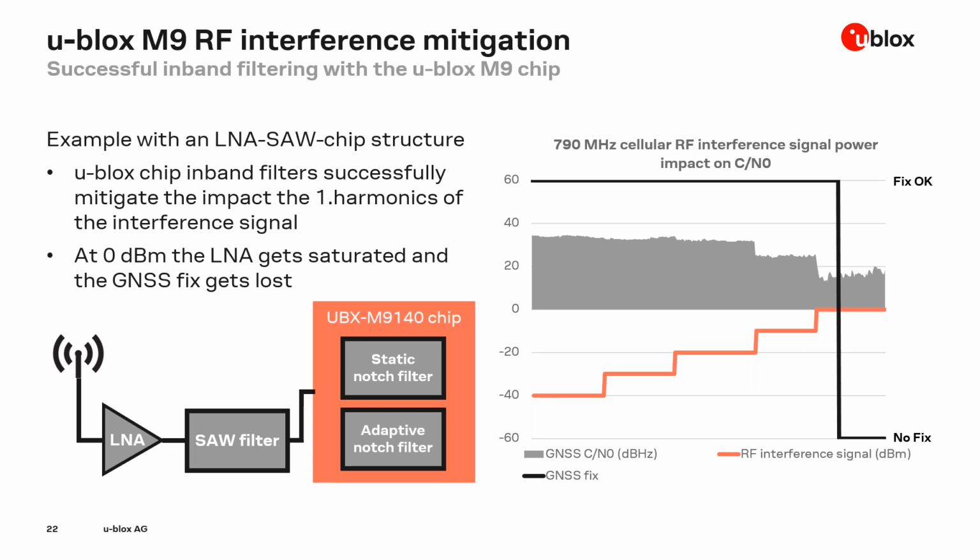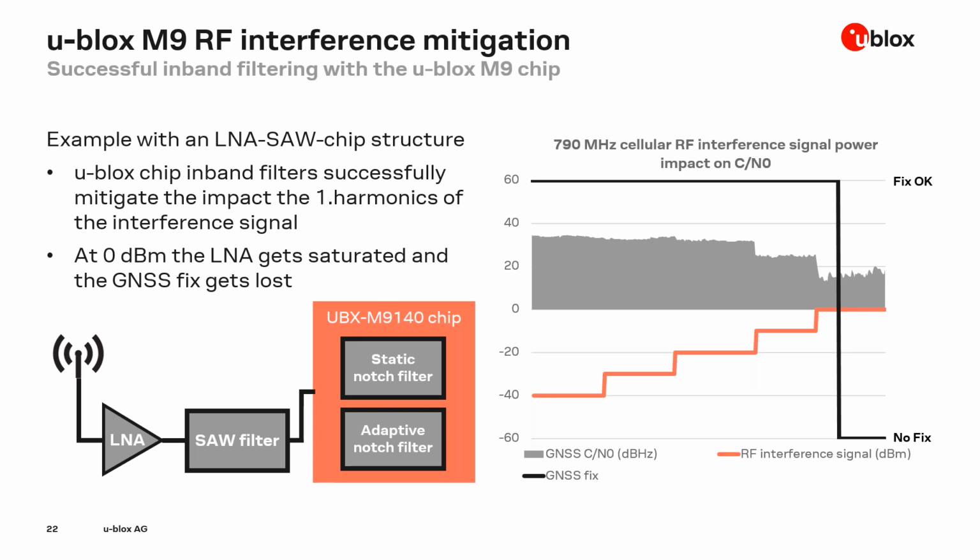So this shows an example, and this is also what you can verify yourself. Later on in the video you see how you can do it. For 0 dBm, and this is why we changed the setup here, the low noise amplifier gets saturated, and this is basically the reason why we lose the fix here.